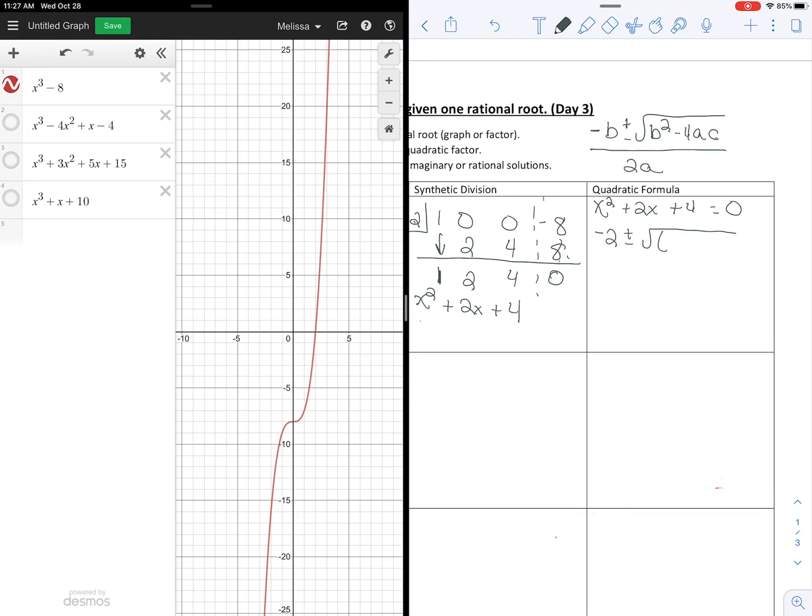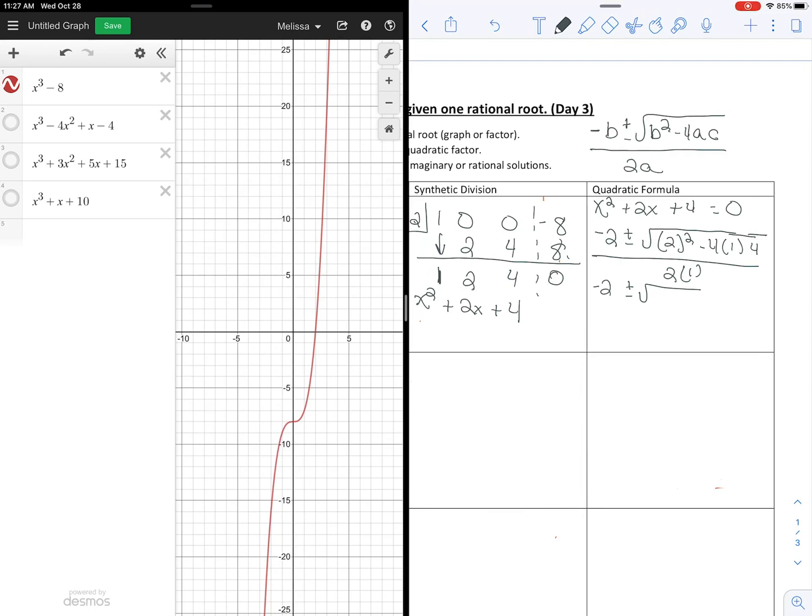Okay? So that's going to give me negative 2 plus or minus the square root of 2 squared minus 4 times 1 times 4, all over 2 times 1.